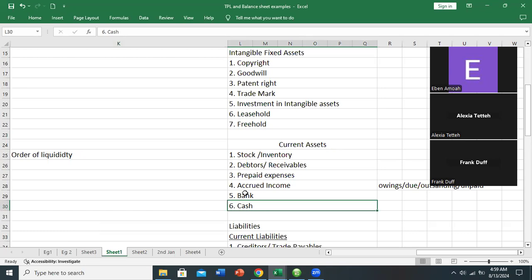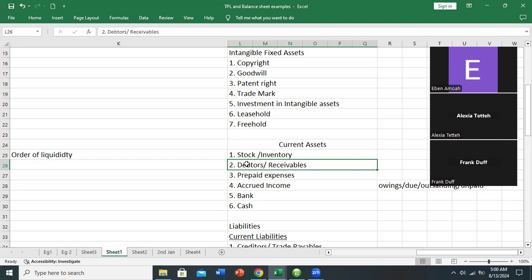When you look at stock, if you want to convert stock of goods into cash, you first need to sell them. The customer may not even pay instantly, and will pay you the next month or so. If somebody is owing you, that's a debtor, it will take some time because the person may be tossing you around, saying I'll pay next week, I'll pay at the end of the month, whatever.